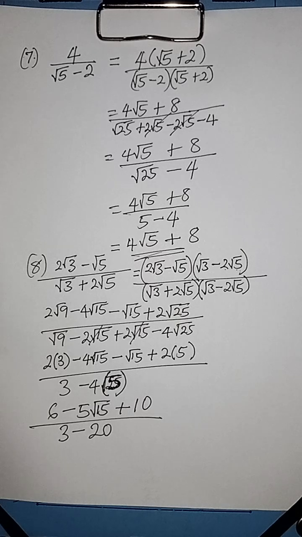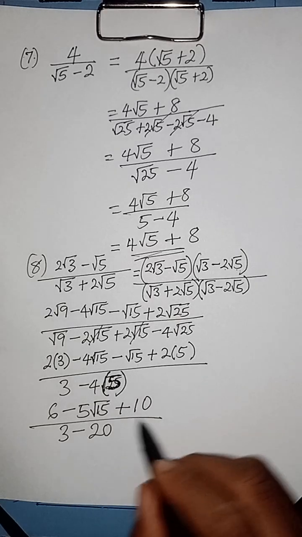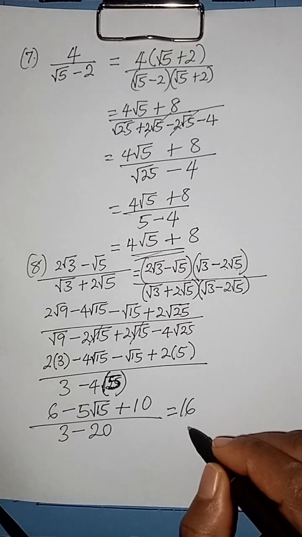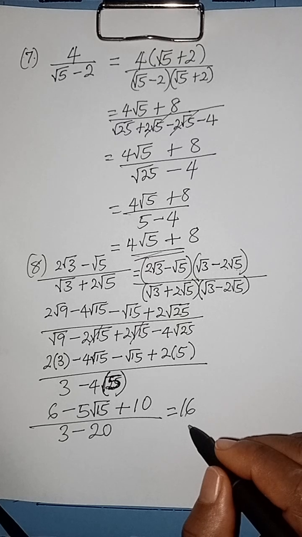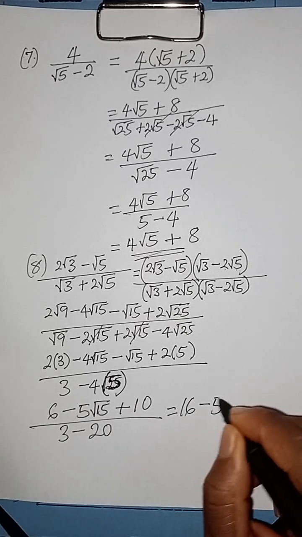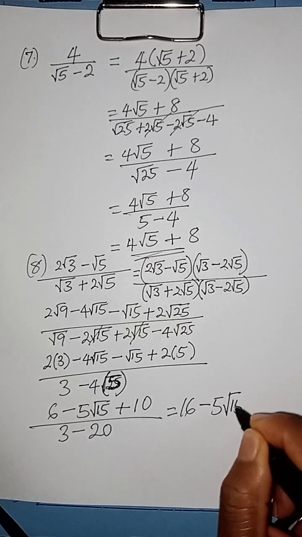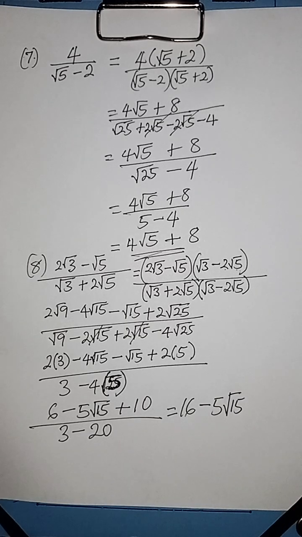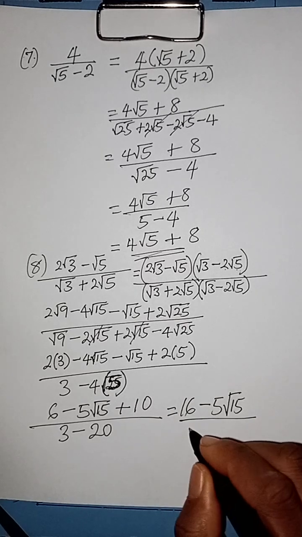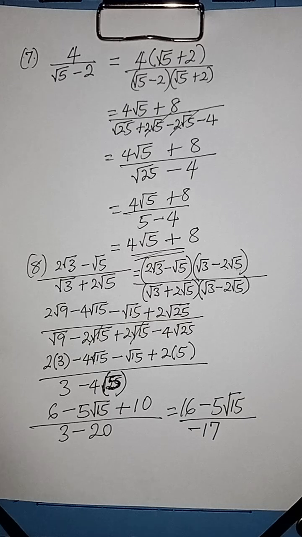And so what becomes the final answer to this question? This will be, collect like terms, 6 plus 10, 16. Then you have minus 5 root 15. Then divide 3 minus 20, minus 17.